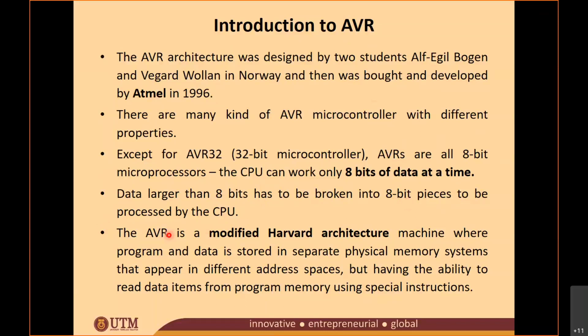Okay, so the AVR is a modified hybrid architecture machine where program and data is stored in separate physical memory system that appear in different address spaces. Okay, so AVR adalah modified hybrid architecture di mana dia punya program memory and data memory are separated from one to another.